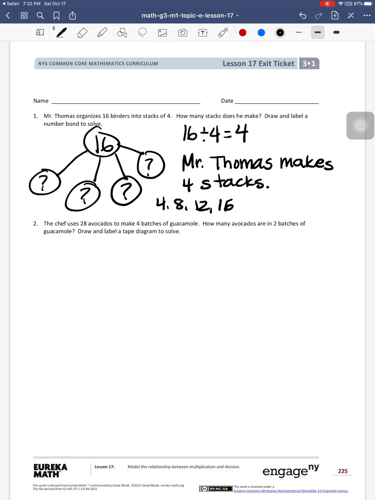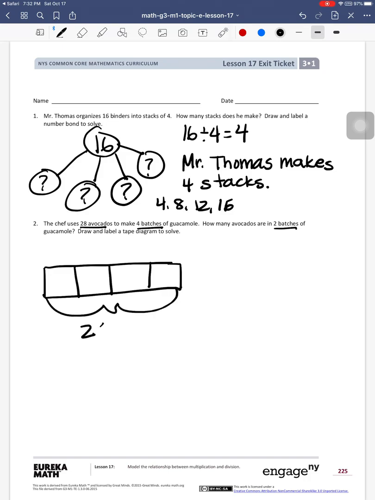All right, the chef uses 28 avocados to make 4 batches of guacamole. How many avocados are in 2 batches of guacamole? Draw and label a tape diagram to solve. So we really have to think about what's being asked here. So I'm going to make this. We know 4 batches. So what's 1 less than 4? Right, 3. So we make 3 lines to show 4 batches. And we know 4 batches uses 28 avocados. We just don't know how many are in each batch, right?